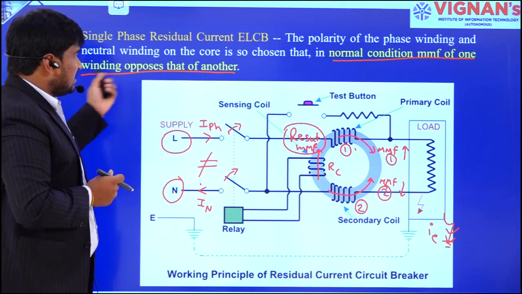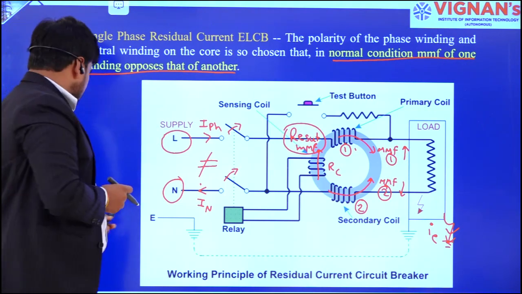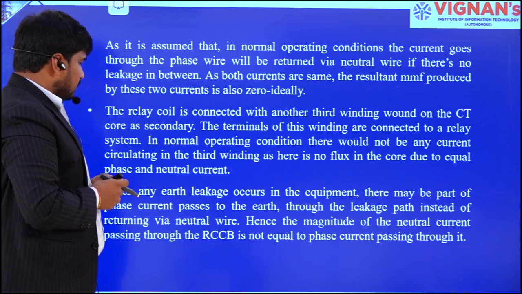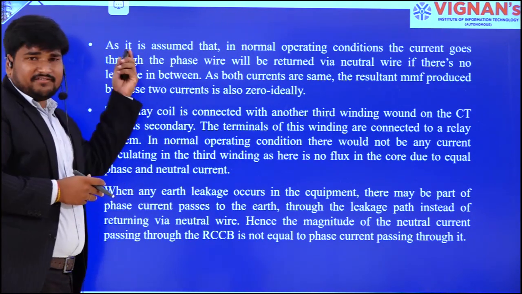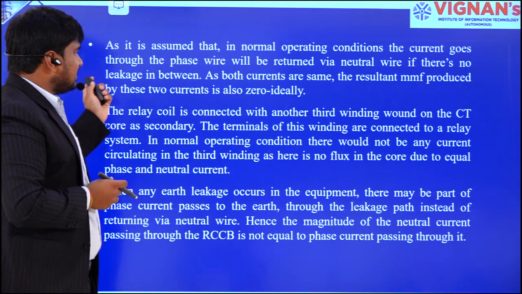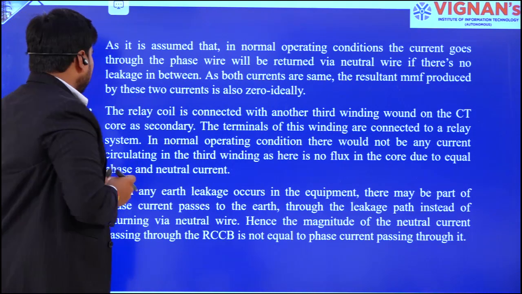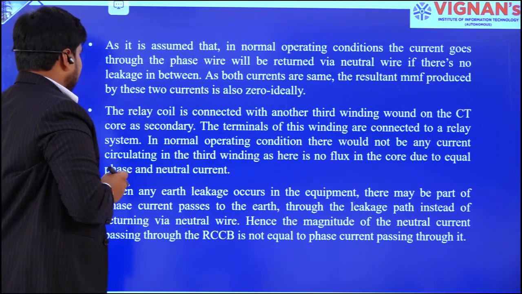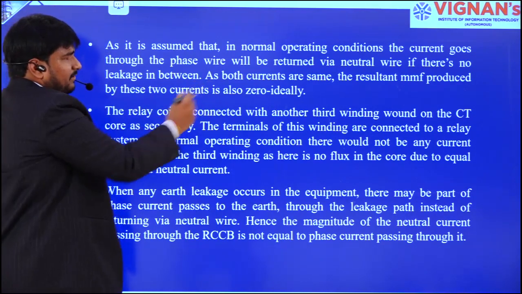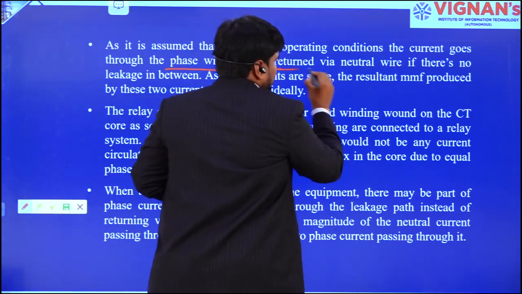Now this is only single phase residual current. So these are the points which I have discussed till now. As assumed, in normal operating conditions the current goes through the phase wire and returns in the neutral wire.